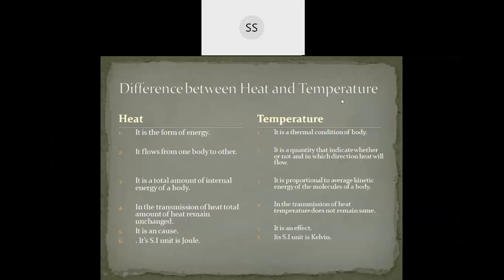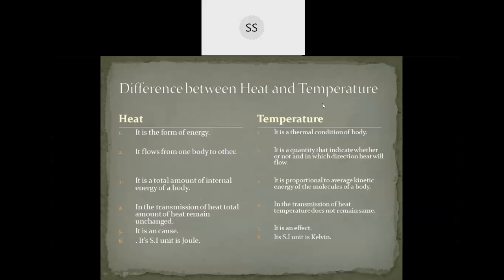So the next and the most important topic of this chapter is difference between heat and temperature. The first difference is heat is a form of energy. Temperature is a thermal condition of a body.